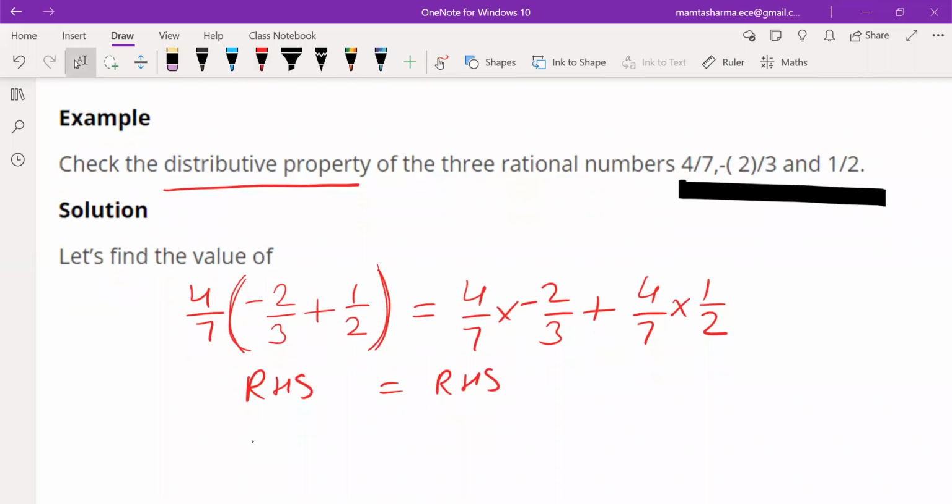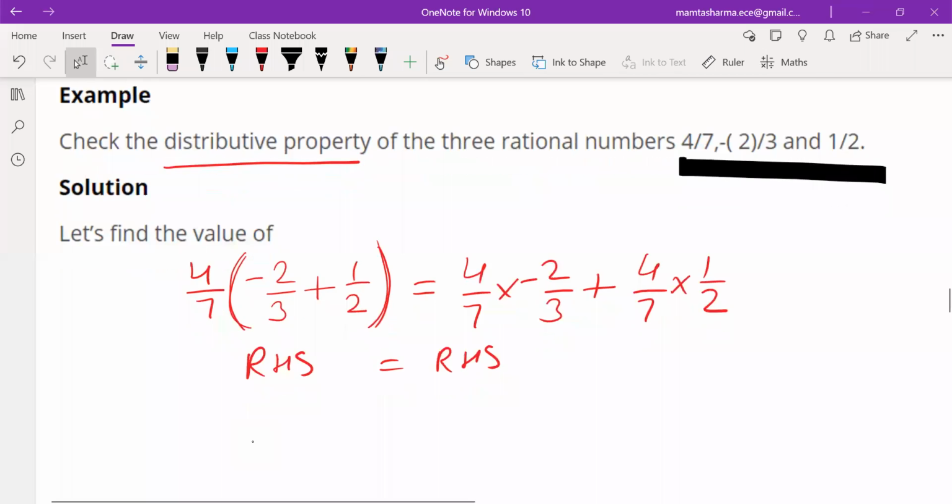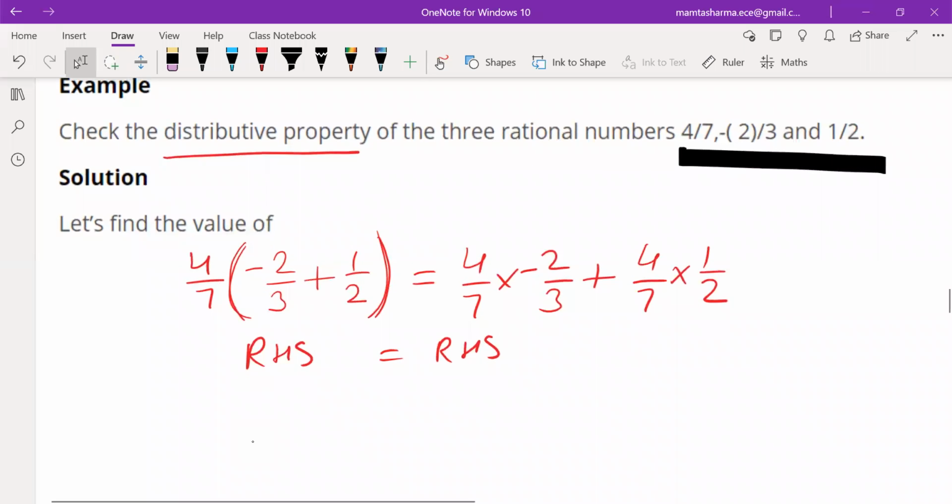Are you able to get the answer? Who is getting the answer? Just quickly raise your hand. Ma'am, I got an answer. One minute. Ma'am, at last, should we do the addition also? Yeah. On the left hand side, first perform the addition and then multiply with 4 by 7.